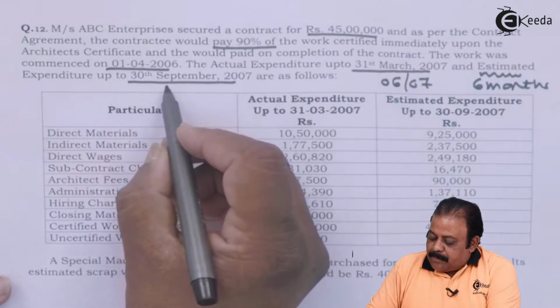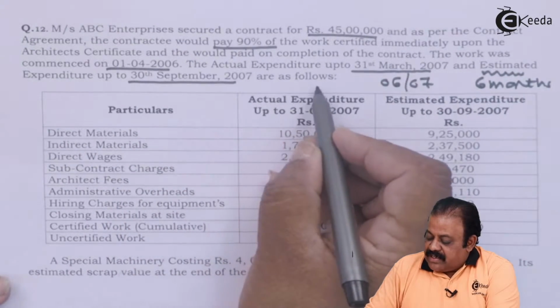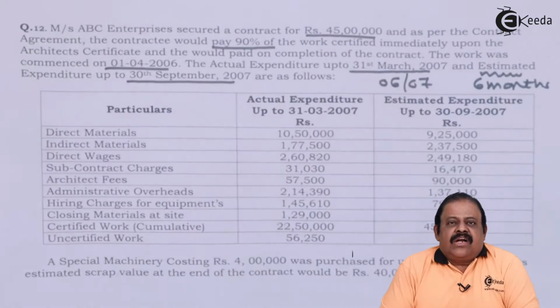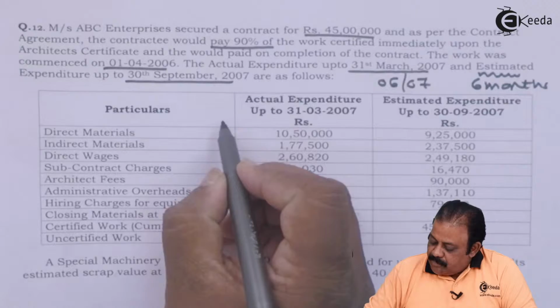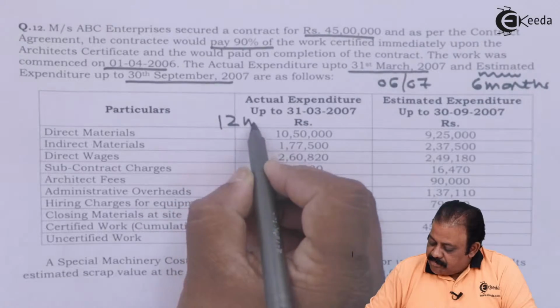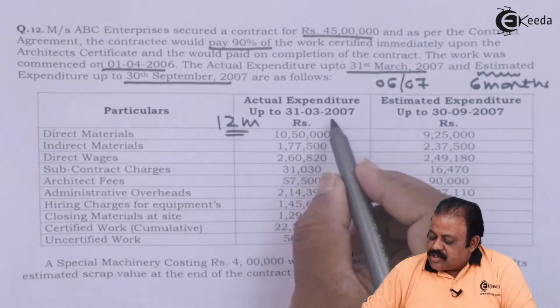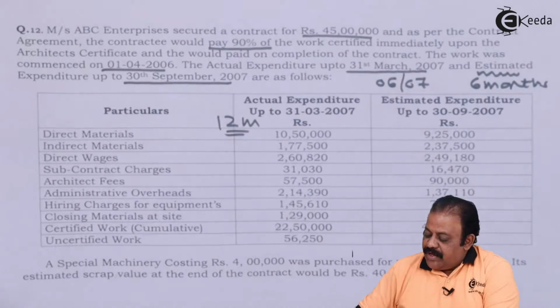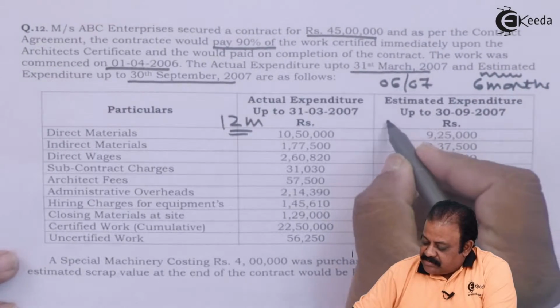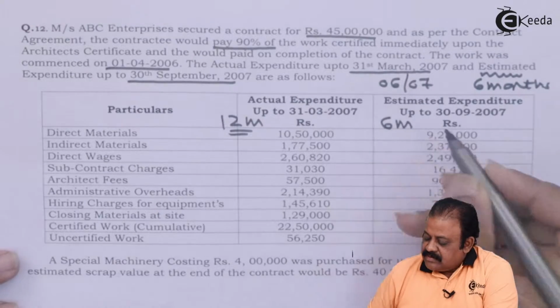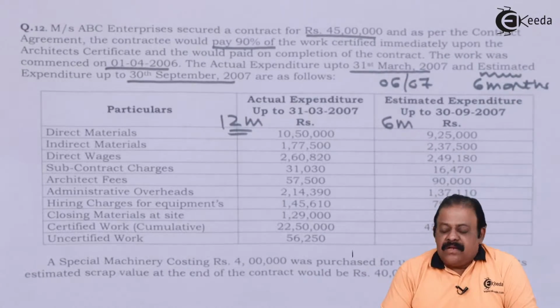Estimated expenditure up to 30th September 2007 is as follows. So we have the details of actual expenditure for 12 months, that is up to 31st March 2007, and we have additional information for the next 6 months, that is from 1st April up to 30th September 2007.